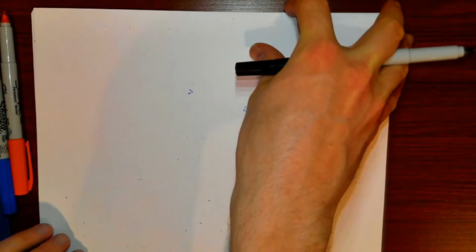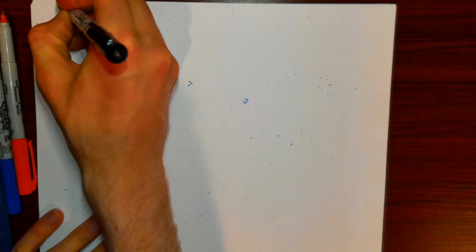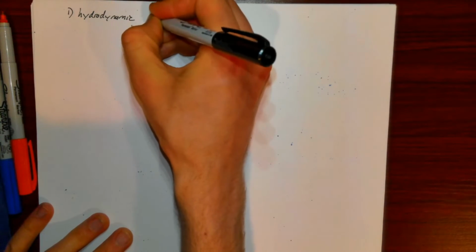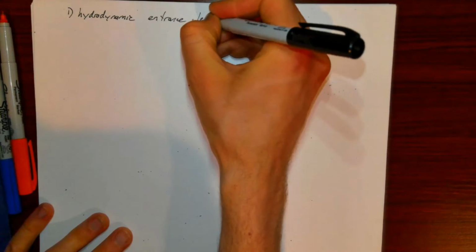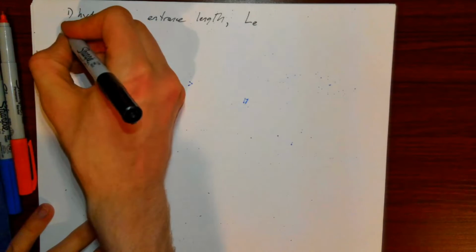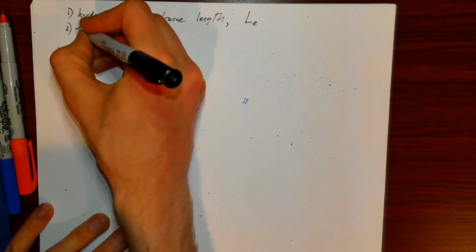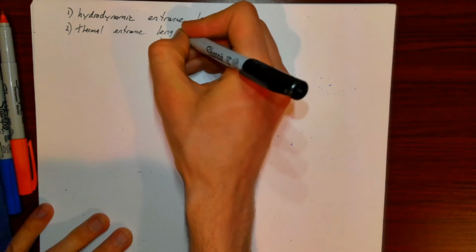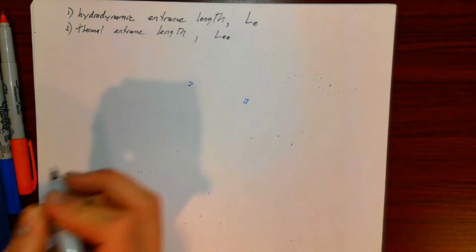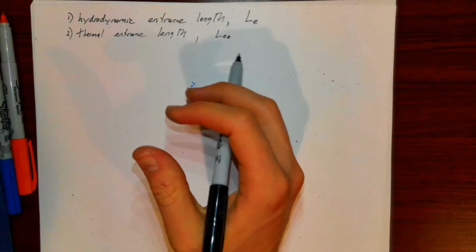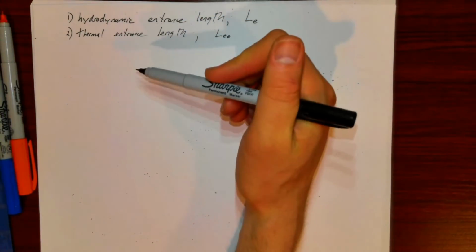So let's make a distinction between two entrance lengths. The first entrance length that I'm going to talk about is the hydrodynamic entrance length, which I'll call L sub E, and the second one is the thermal entrance length, which I'll call L sub E T. So there are two different physical phenomena or physical quantities.